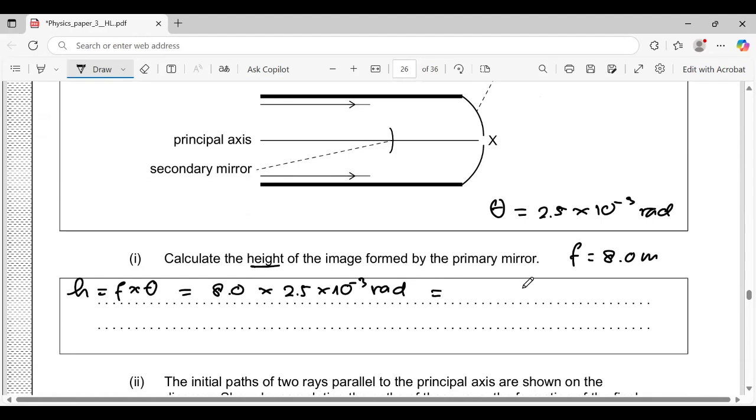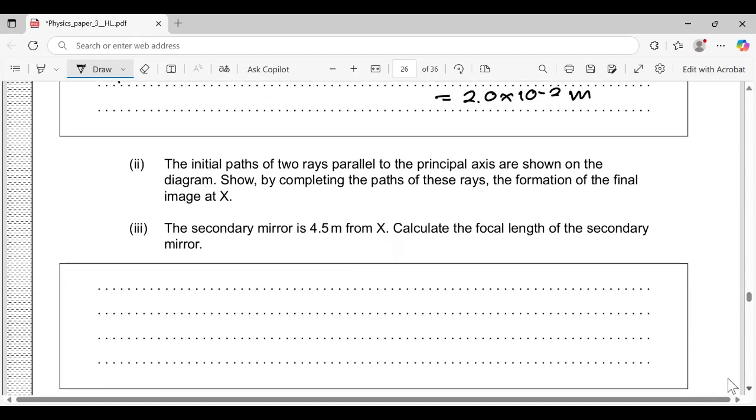And if you calculate, the result is 20 times 10 power minus 3, and it is 2.0 times 10 power minus 2, and the unit is meters. The initial paths of two rays parallel to the principal axis are shown on the diagram.